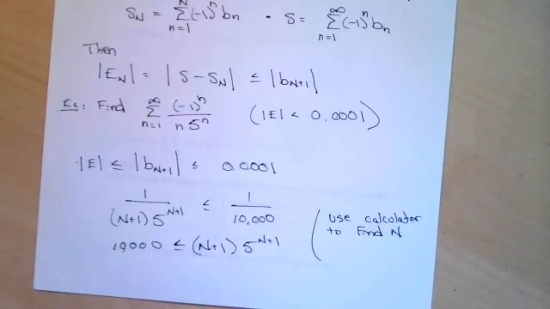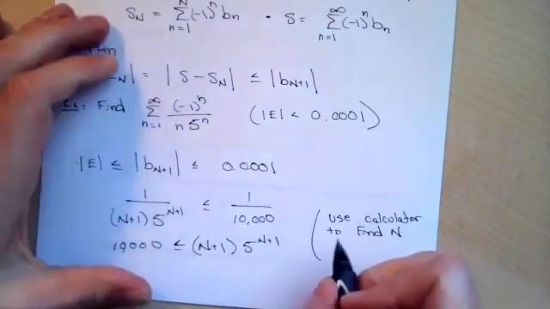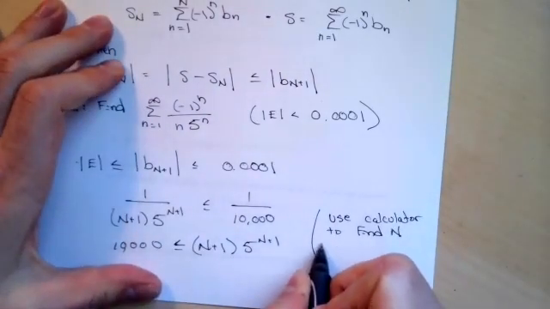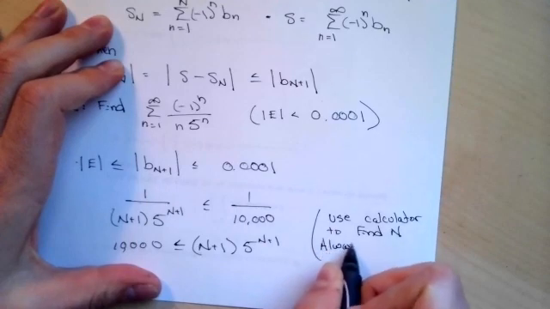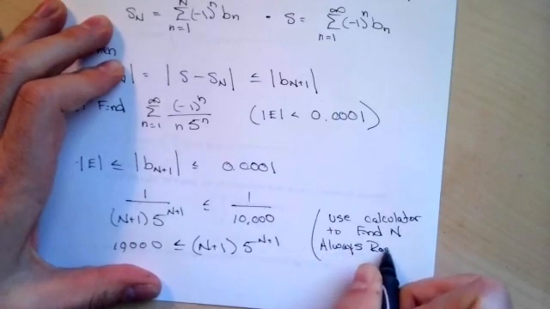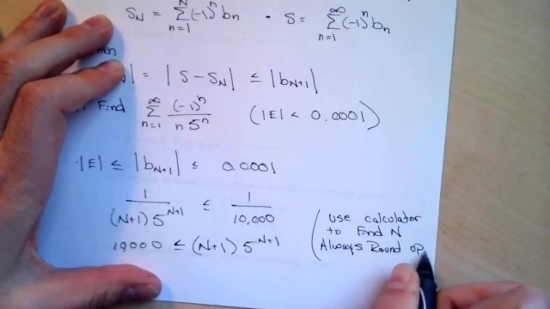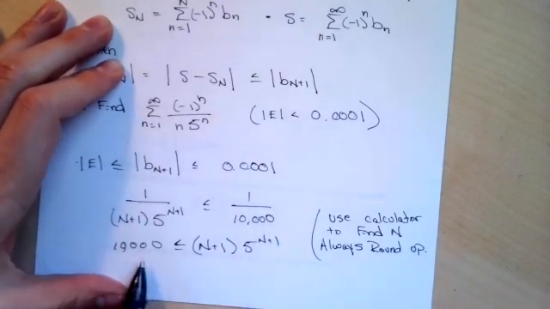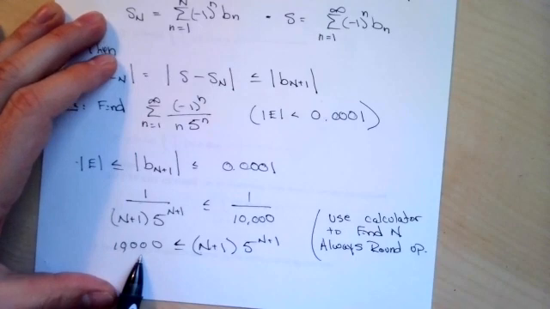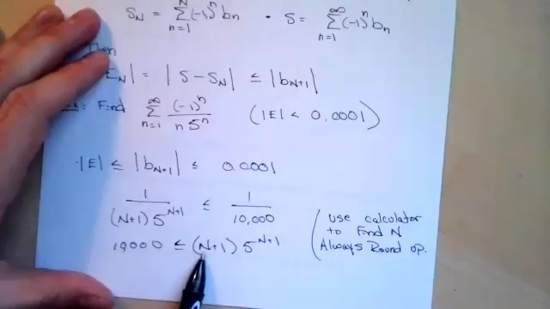Certainly with n equals 3, we'll have something like 5 to the 4th, which is 625 times 4, which isn't going to be high enough. So it's probably going to be 5 or 6. Always make sure to round up, right? Because we need this expression to be strictly bigger than 10,000. And n has to be an integer.